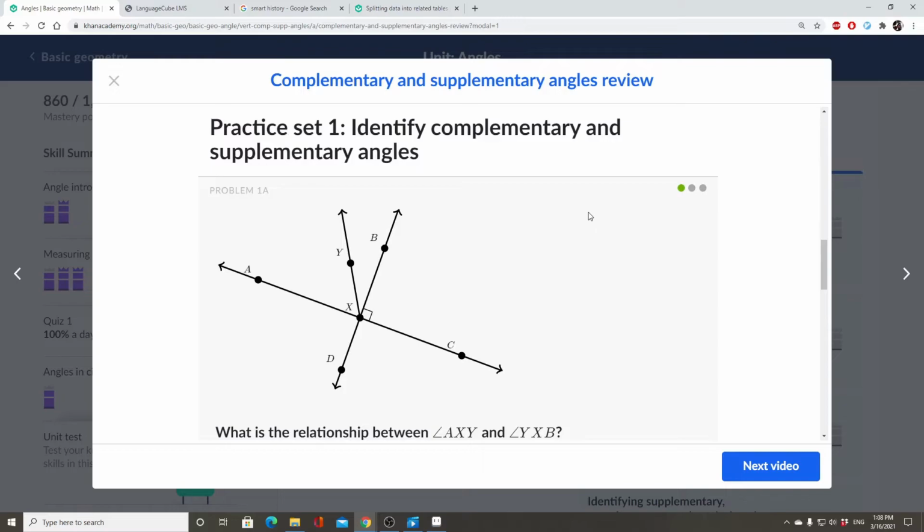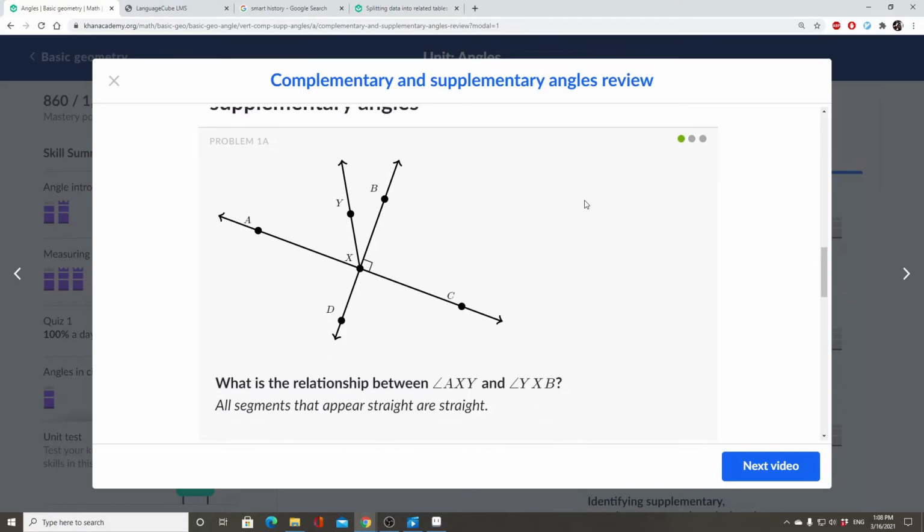Okay, so let's see if we can identify these. Practice set 1, identify complementary and supplementary angles. What is the relationship between AXY and YXB? All segments that appear straight are straight. Okay. So we got AXY and YXB?